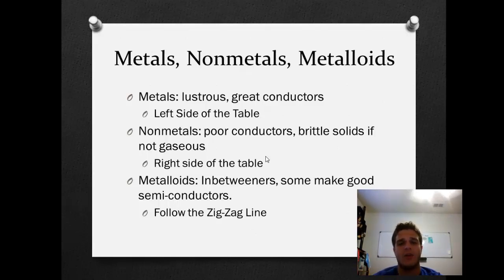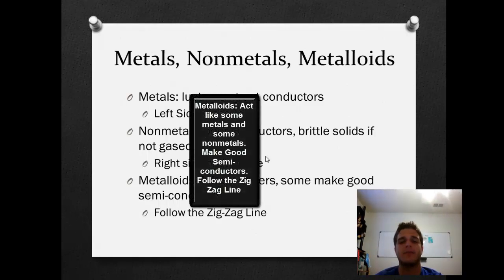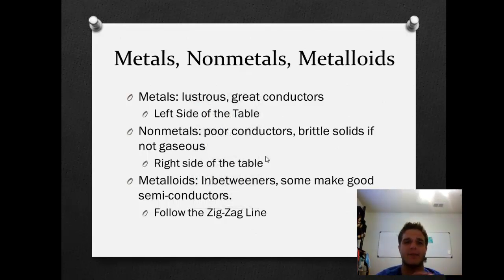The metalloids are your in-betweeners, and they make good semiconductors because sometimes they do have good conductivity, and sometimes they don't. It depends on how they act. Sometimes they act as metals, sometimes they act as nonmetals, okay? So silicon, which is a metalloid, acts a lot like a nonmetal, whereas aluminum acts a lot like a metal, okay? You see the difference there?